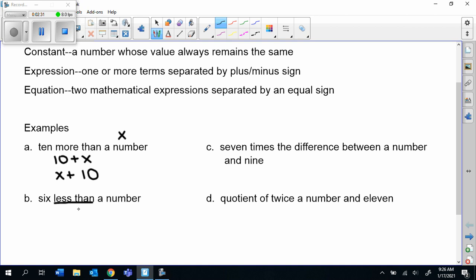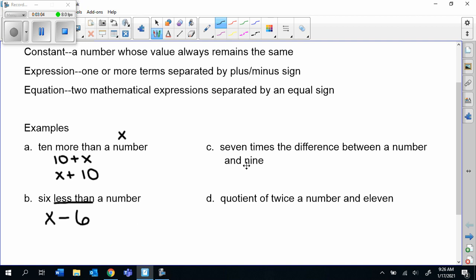Well, you know you have 15 because in your head, 5 less than 20, not that anybody would say that out loud, you would probably go, oh, that person has $15 without really writing it down on a piece of paper. The same holds true when you are trying to write an expression. With "less than," the 6 goes in the back, so you have to do x minus 6.